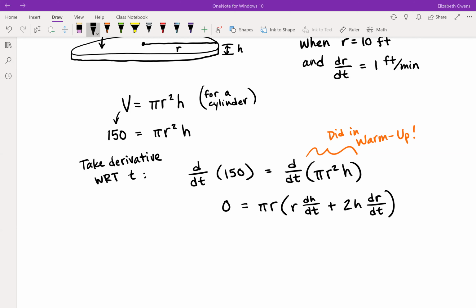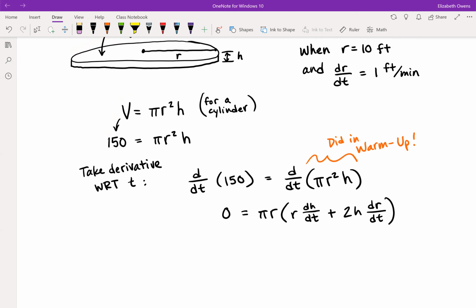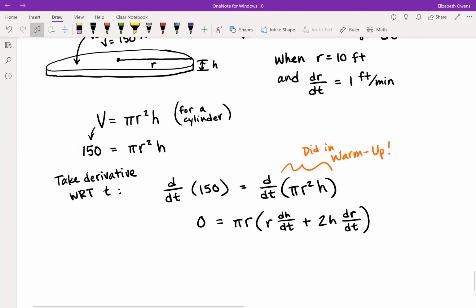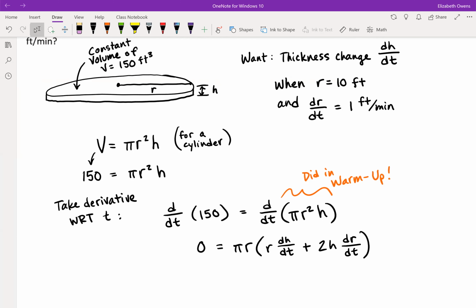Okay, so we want to see what we have there. We're going to get our thickness change, dh/dt. All right, so let's go ahead and solve this equation for dh/dt.